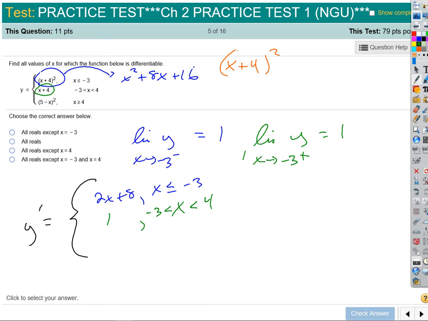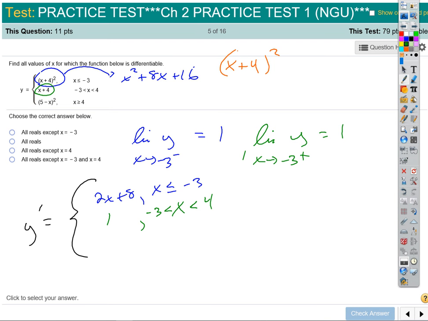So how are we going to do that? Let's take a limit of y prime. What's the limit of y prime as x approaches -3 from the left? That's up there, there's my derivative function. As x approaches -3, what value do I get? 2.